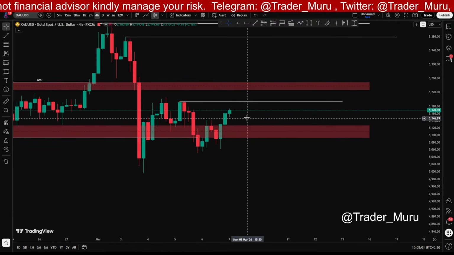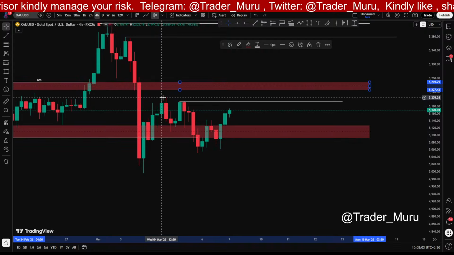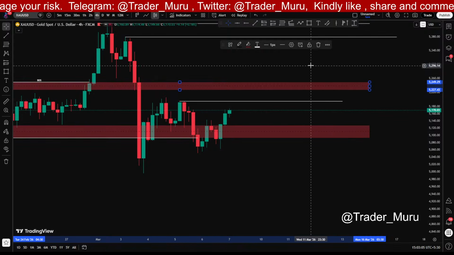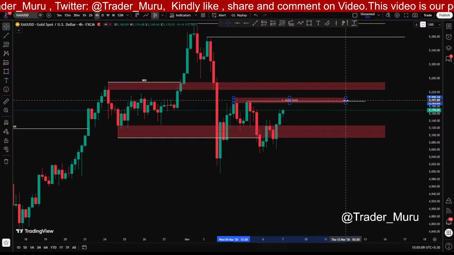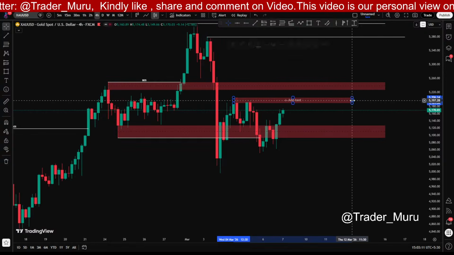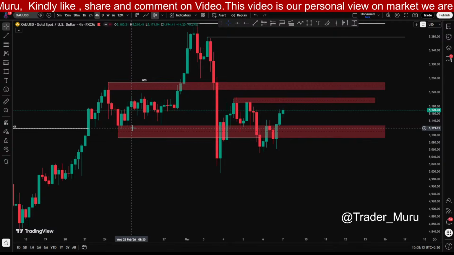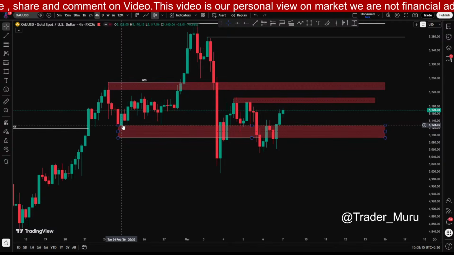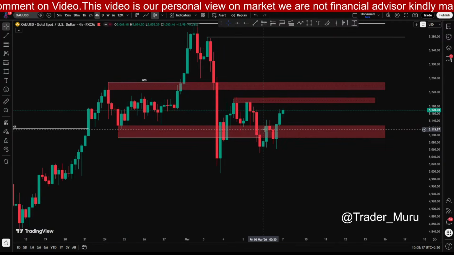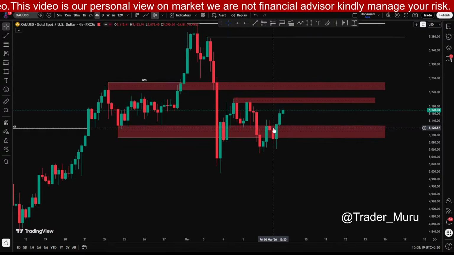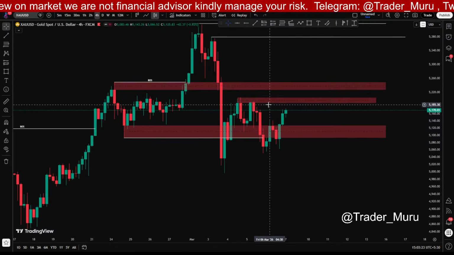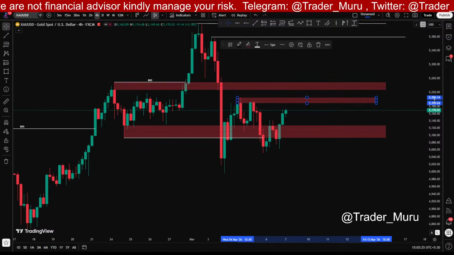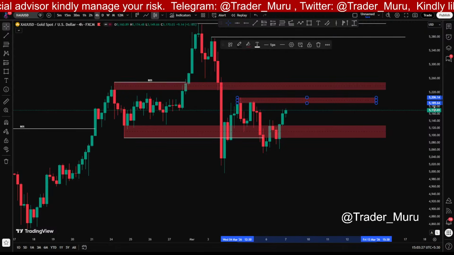Either price will drop from here, or price will test the 1-hour bearish structure and again drop. The current structure in the 4-hour time frame is that we have already flipped a resistance level from here, and price is trying to go above, and we have this liquidity still pending here around 5206.